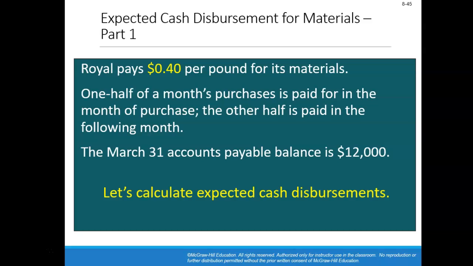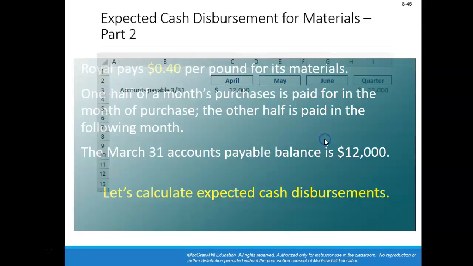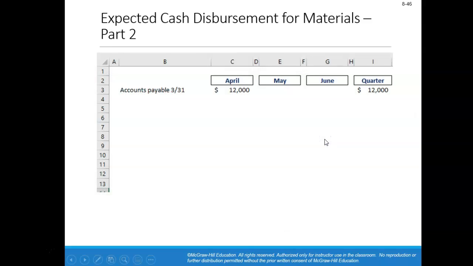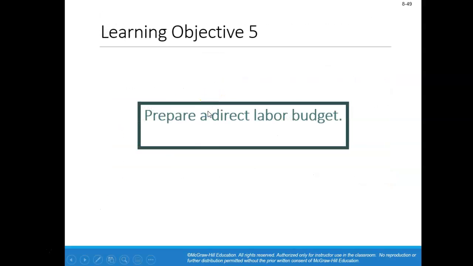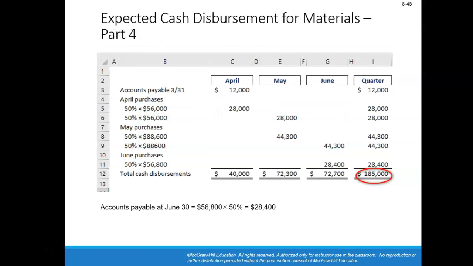Okay? So let's take a look at what's known as our cash disbursement budget, and I'll go through it. So we're paying the $12,000 that was owed at the end of the first quarter in the month of April.